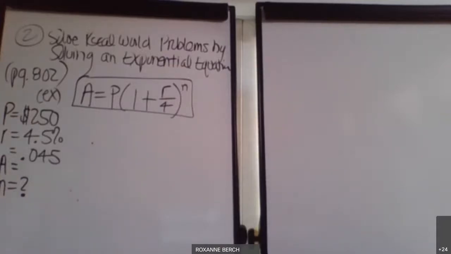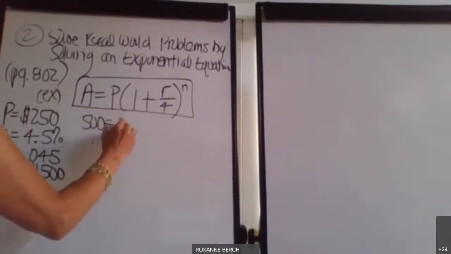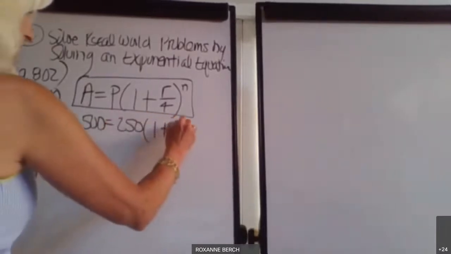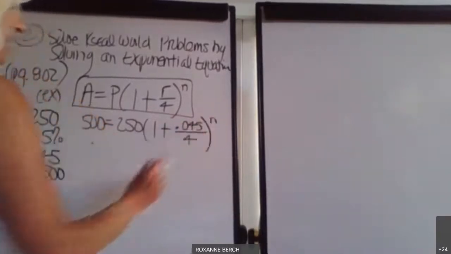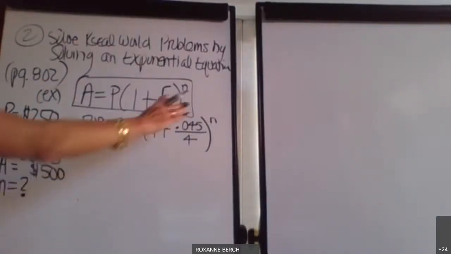So it says solve for n to find out how long it will take the account to contain $500. So what you have here is A being $500. The principal is $250. This is 1 plus 0.045 divided by 4. And what we have here is an exponential equation that we have to solve. In other words, get the n down.